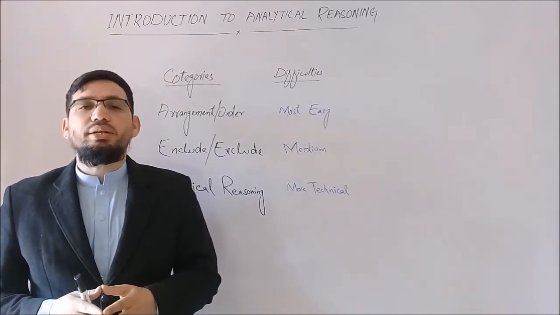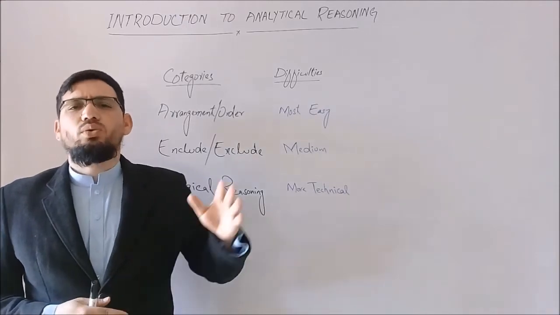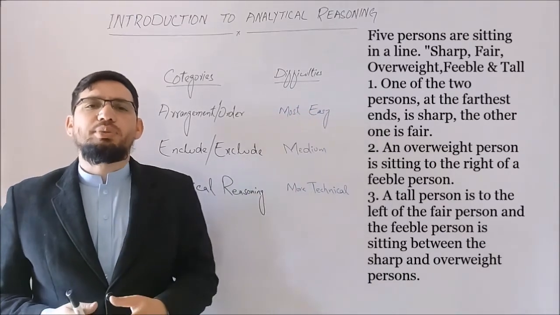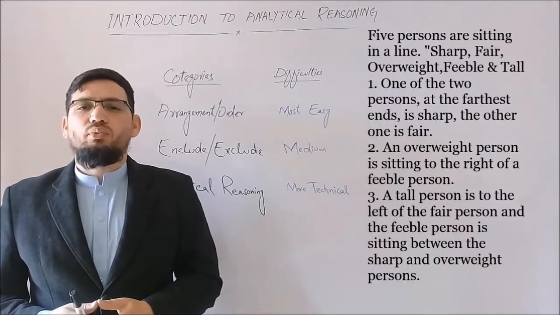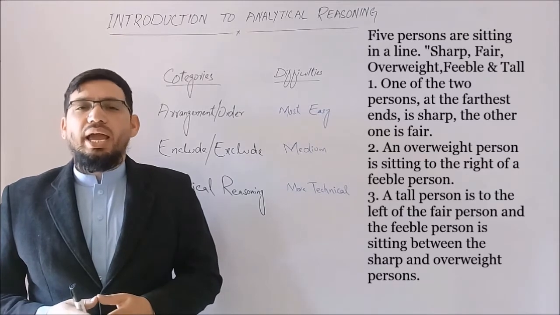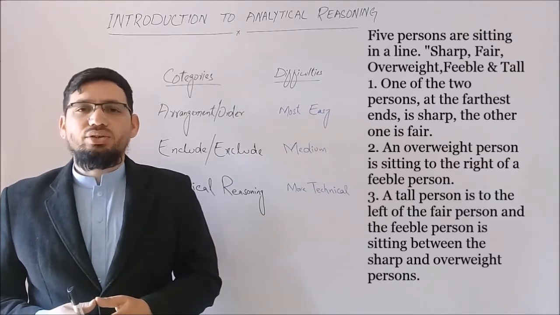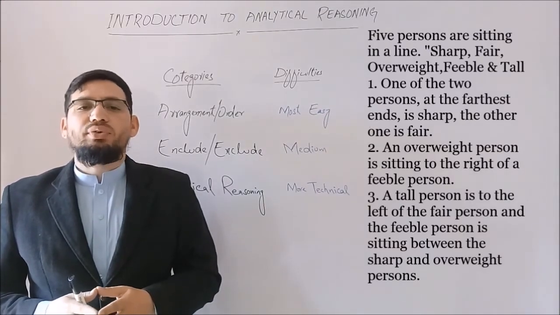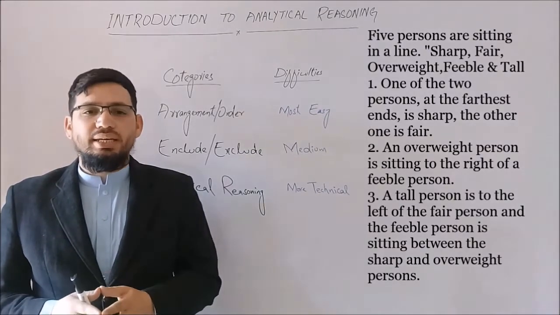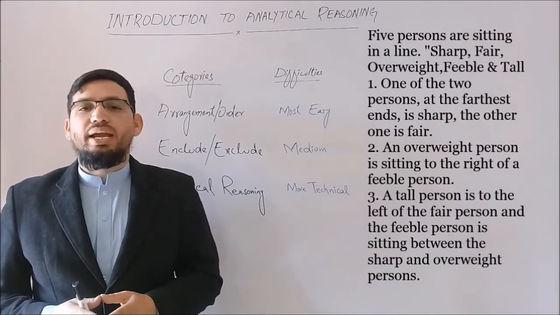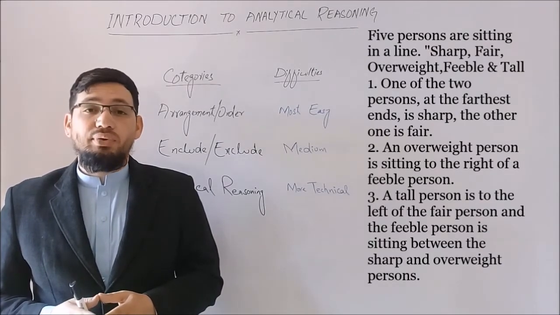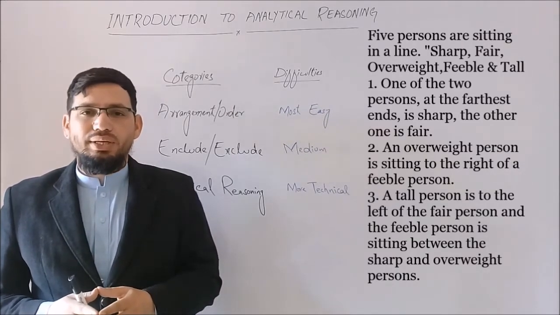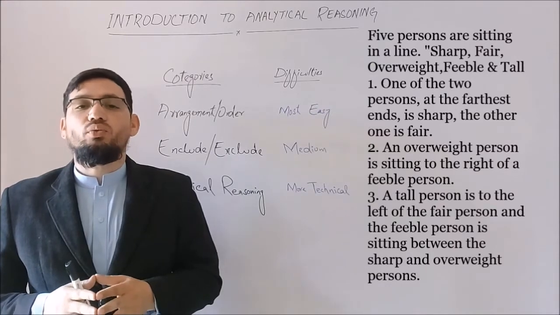Let me give you a simple example about the arrangement. There are 5 persons in a line, which are sharp, fair, overweight, feeble and tall, and we have to find out the exact order of these 5 persons. For that purpose, we are given some information. The information is that one of the 2 persons at the far ends is sharp and fair, but we don't know the exact position of sharp and fair, that is, which person is on which end.